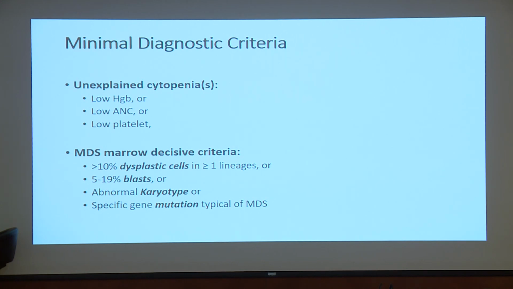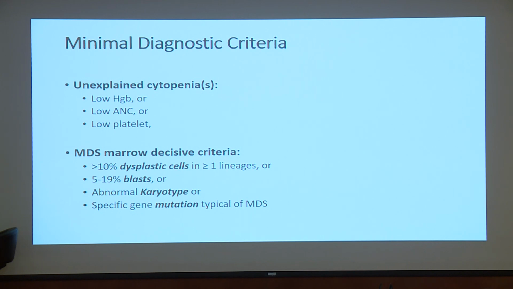So cytopenia per se is not enough to diagnose MDS. Again, we have to exclude all the secondary causes, and then we do a bone marrow. Why are we doing the bone marrow? To have a chance to do certain tests or look at features that can help us make a diagnosis.